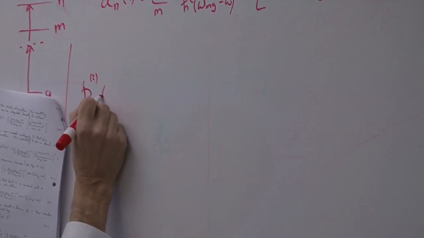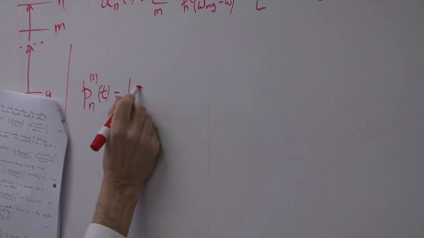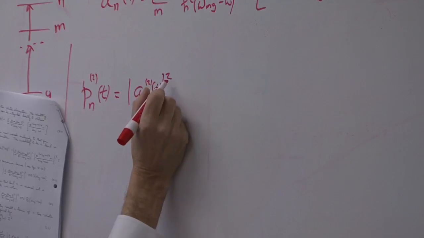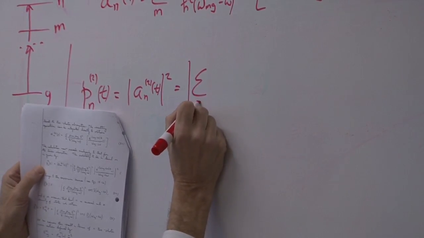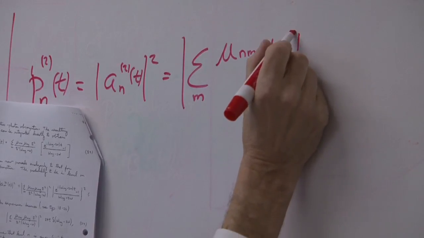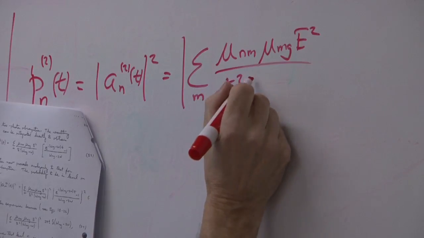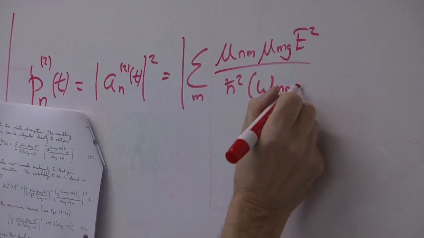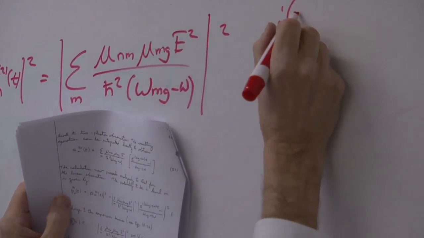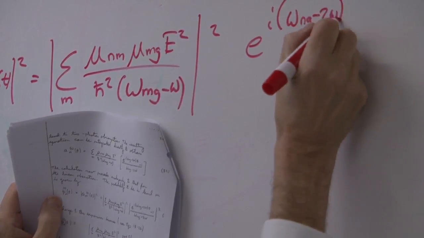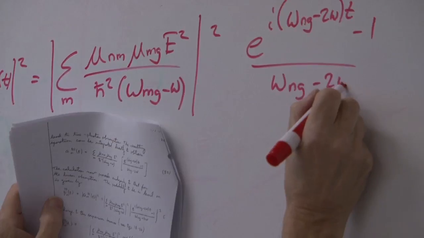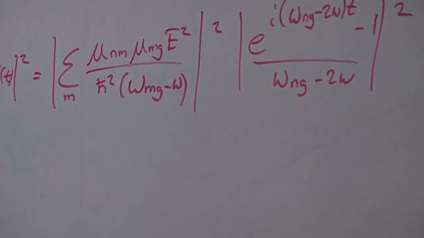So the probability to be in the upper level to second order at time t is |a_n^2 of t| squared, and this will be sum over m, mu_nm mu_mg, E squared over h bar squared, omega_mg minus omega, squared, times e to the i omega_ng minus 2 omega t minus 1, over omega_ng minus 2 omega, squared.